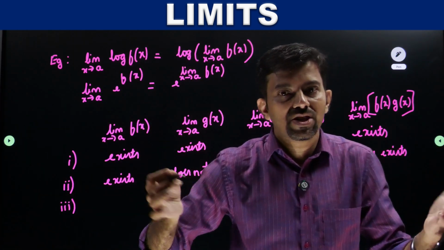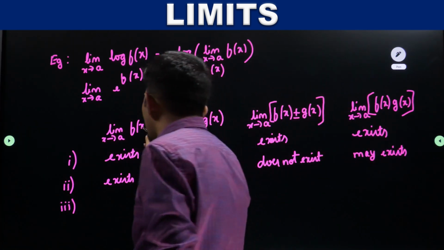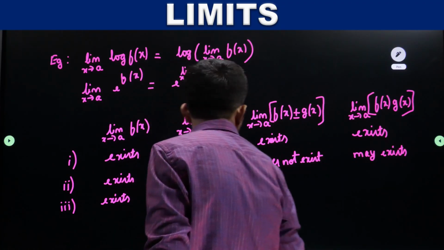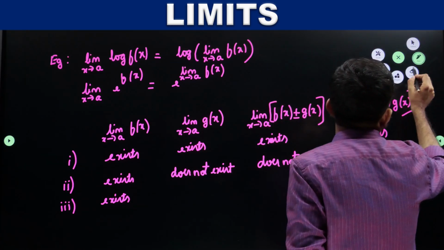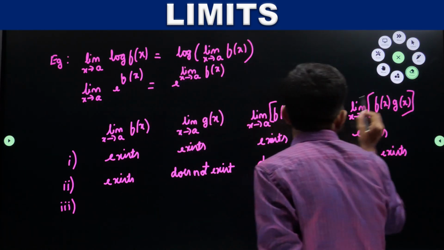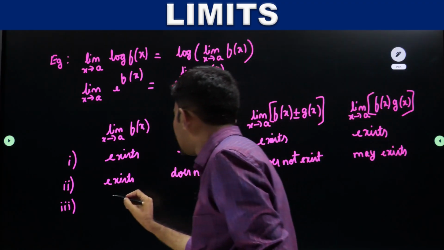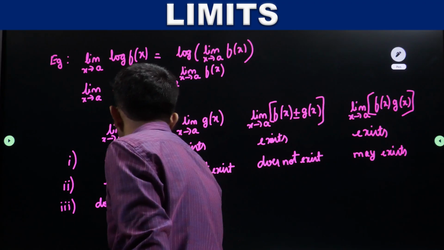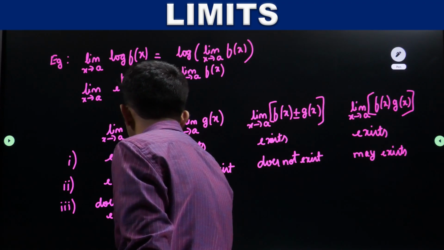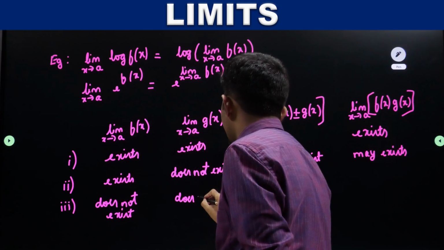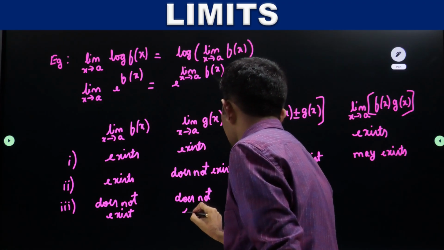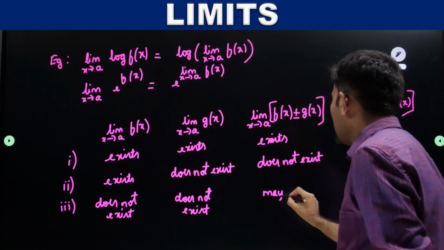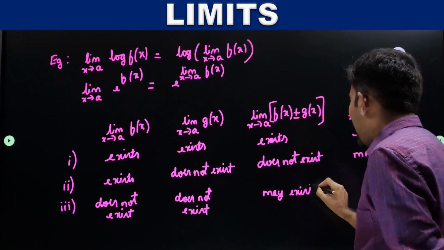Limit of f of x exists, or both does not exist. Yeah, both does not exist. In that case, sum or difference, limit of that may exist.